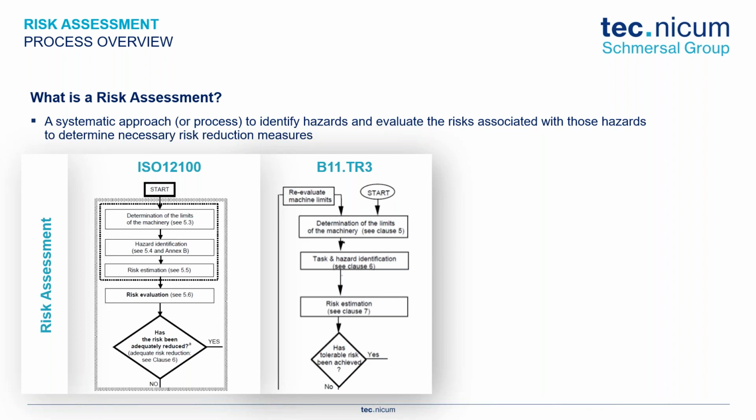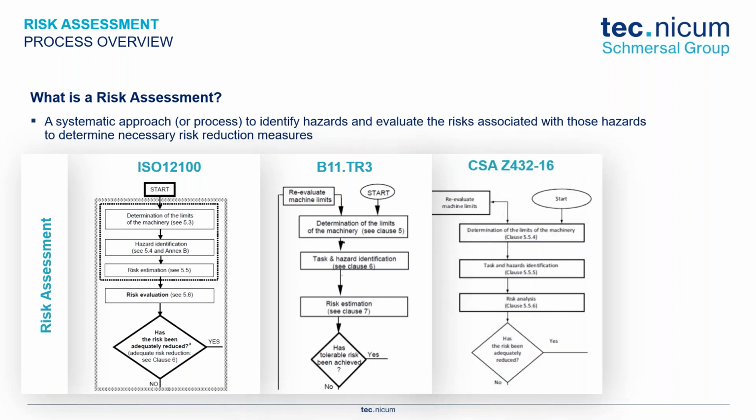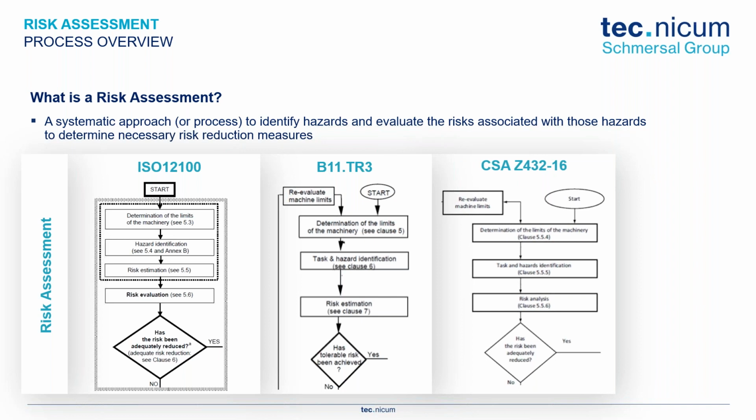And then we ask, is this number good? Are we okay with the level of risk that we've identified? Z432, identical. Define the limits of the machine, task and hazard identification, do your risk analysis. So they call it something different, but it's the same thing. Risk estimation, risk analysis, the same thing. And then we ask, are we okay?